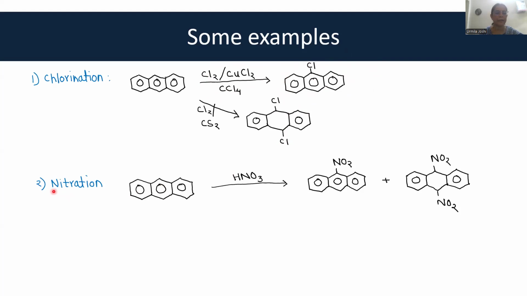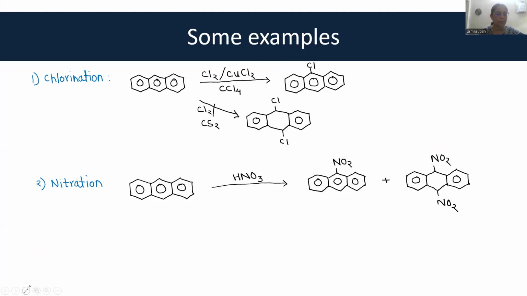Similarly, in case of nitration, anthracene, when it is treated with HNO3 and H2SO4, you get either the substitution product, that is 9-nitroanthracene, or you get 9,10-dinitro product, which is an addition product.